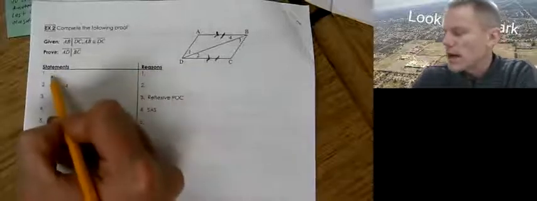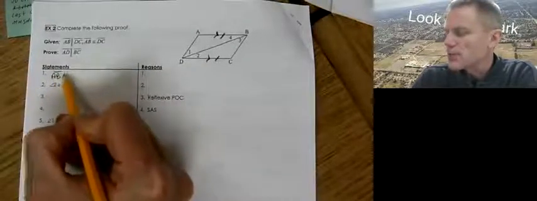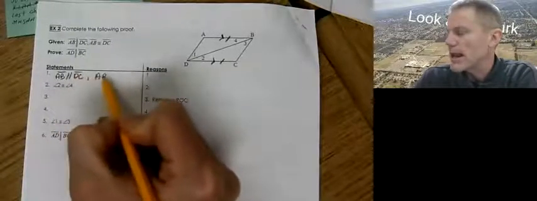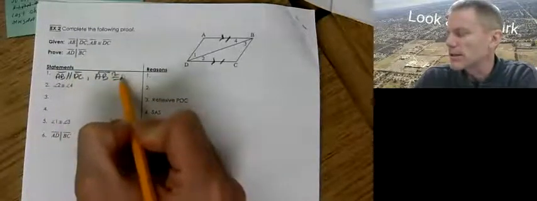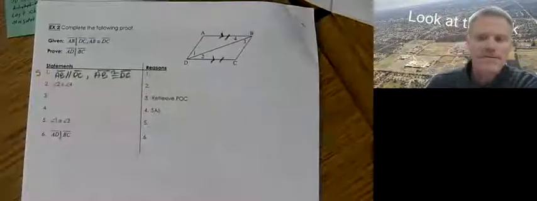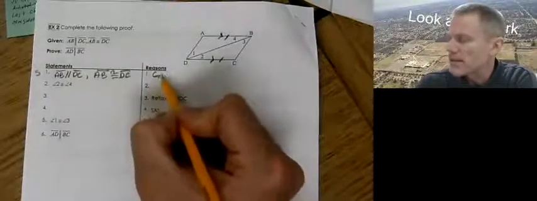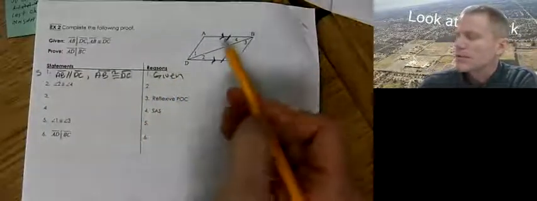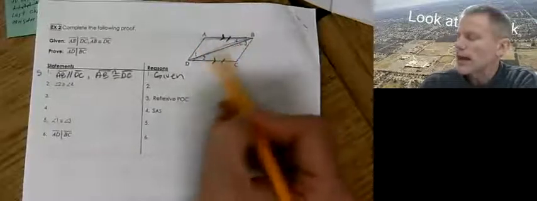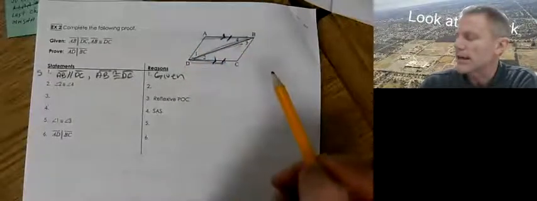So we're going to talk about how AB is parallel to DC. We're also going to talk about AB being congruent to DC. That's a pair of sides that are congruent. That's our given information. When we see parallel lines, we're supposed to recognize alternate interior angles.